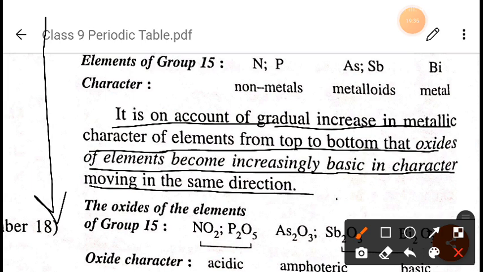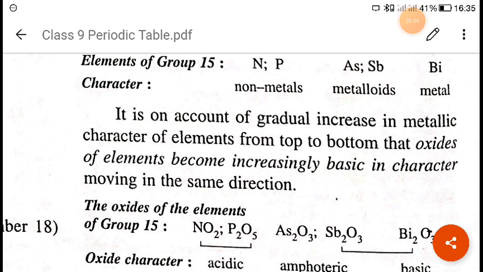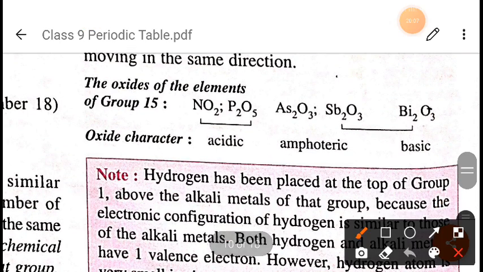Means what? The oxides of bismuth will be more basic than the oxides of antimony, okay? Or we can say the oxides of nitrogen will be more acidic than the oxides of bismuth, right? I hope you are understanding that. As you can see, the example is here, right?